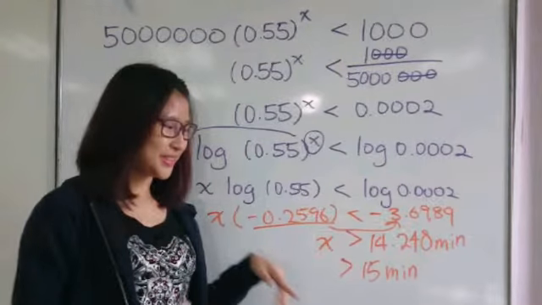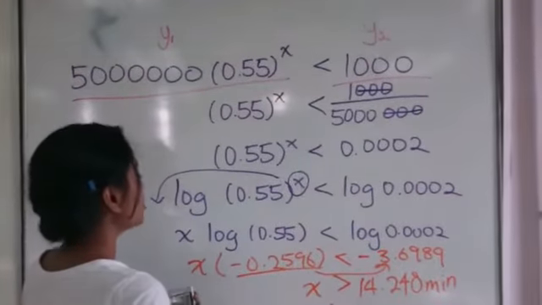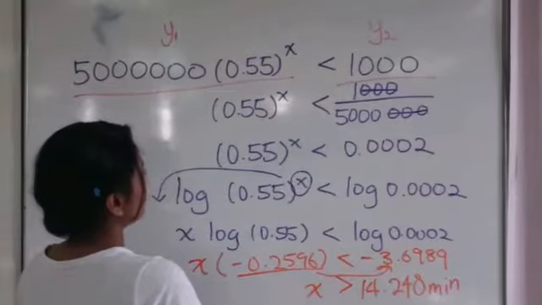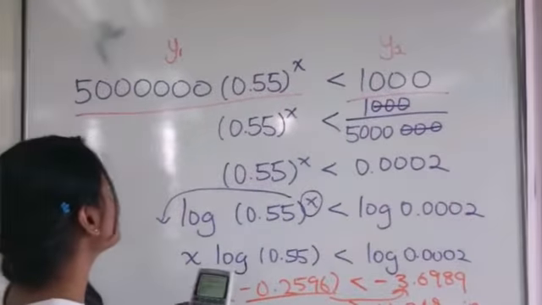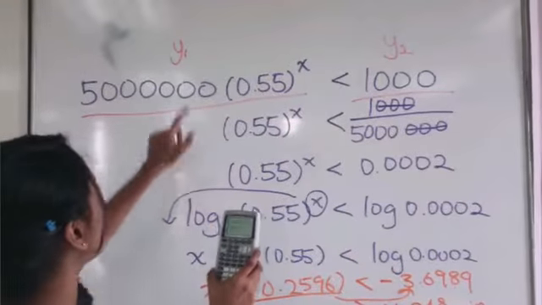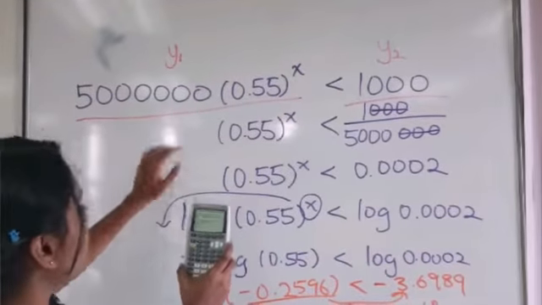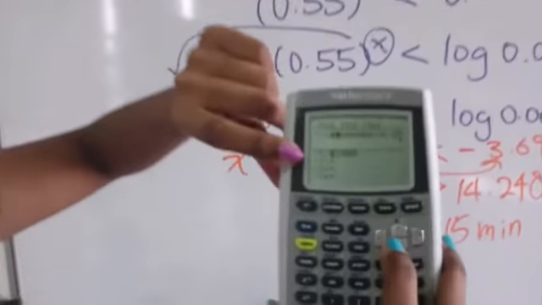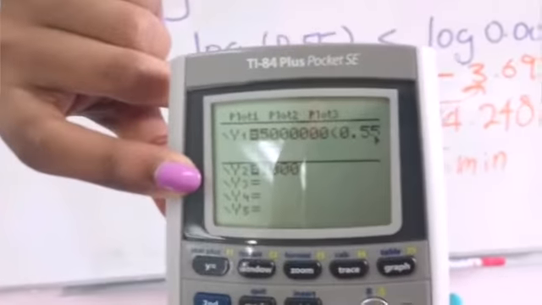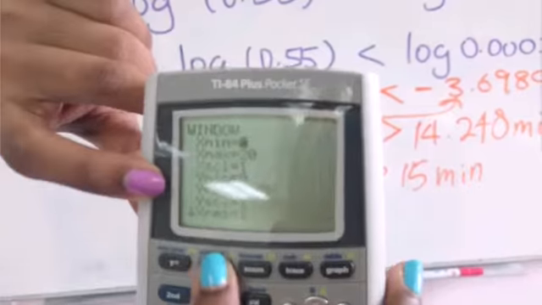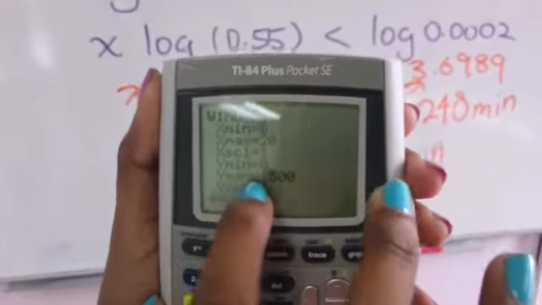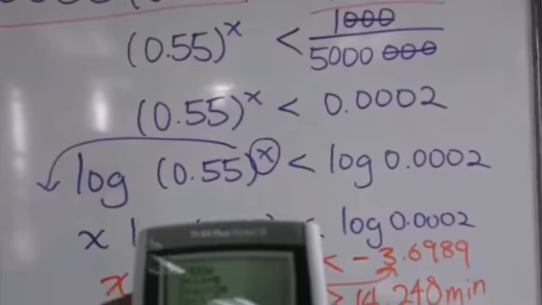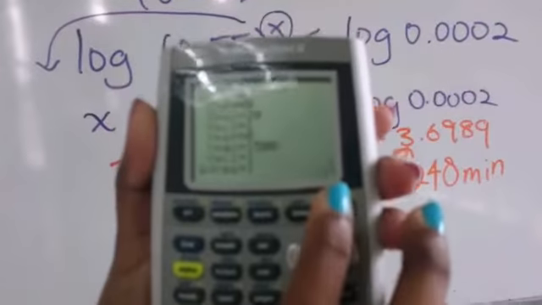So there you go. Now I'm going to prove to you that the answer we've calculated is correct. We use our graphing calculator to do this. So first, we are going to enter y1, that is the equation, into the graphing calculator. And our y2 will be 1000. And then you change your window approximately, because our maximum of y will be less than 1000. So I just put 1500 and x will be 20.